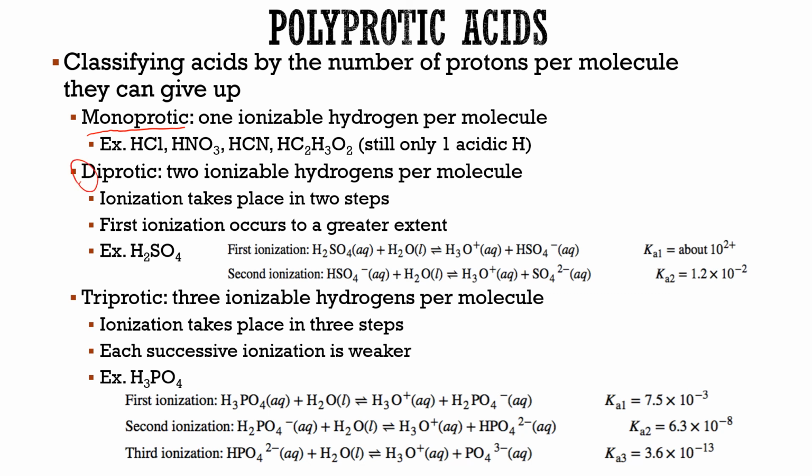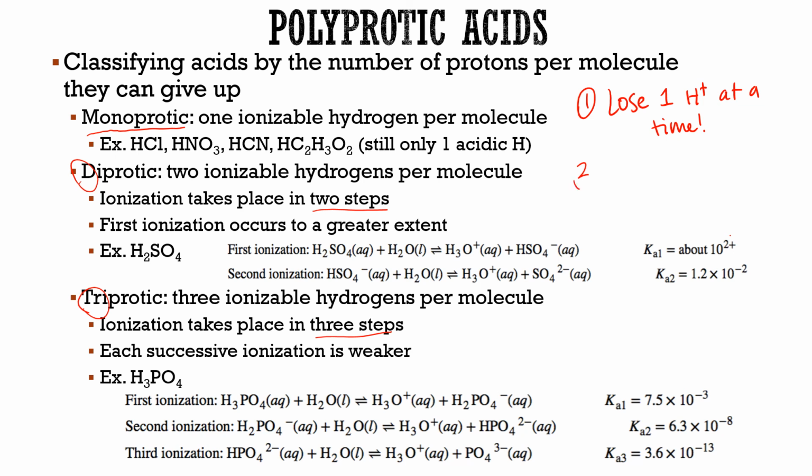Di means that there are two hydrogens, and tri means that there are three hydrogens. What you do need to be aware of with polyprotic acids is two main concepts. Number one, they lose one hydrogen at a time. So they lose it in steps. A diprotic loses it in 2 steps, triprotic 3 steps.